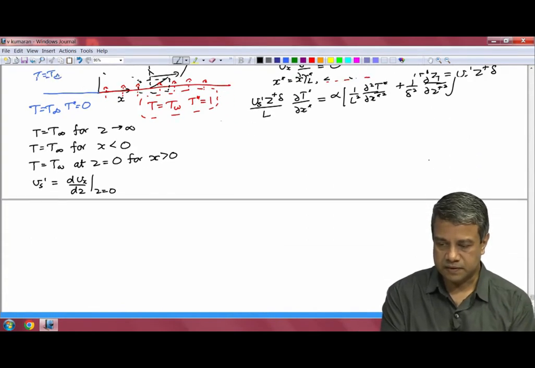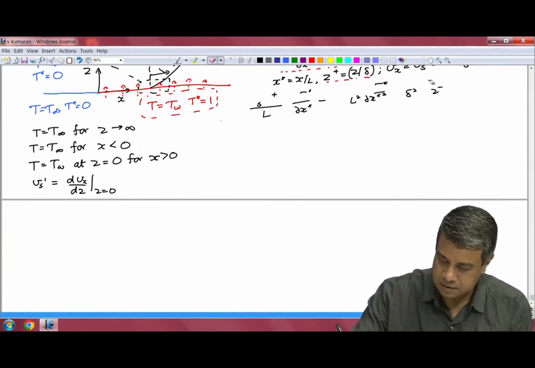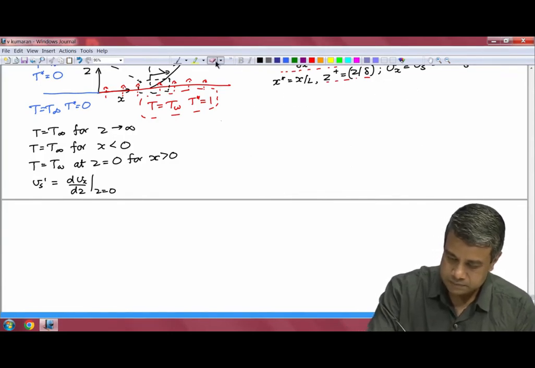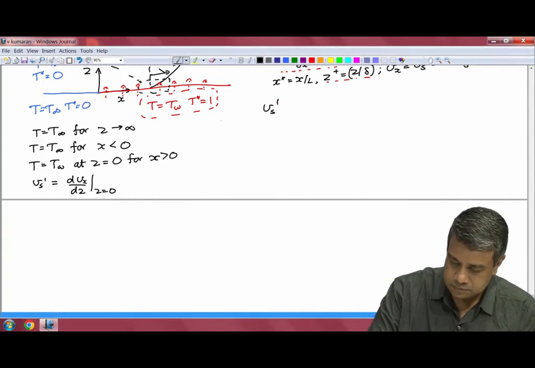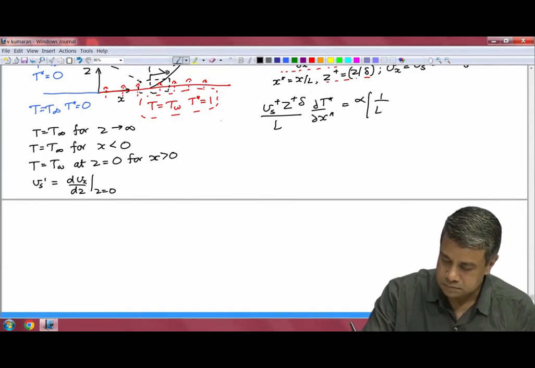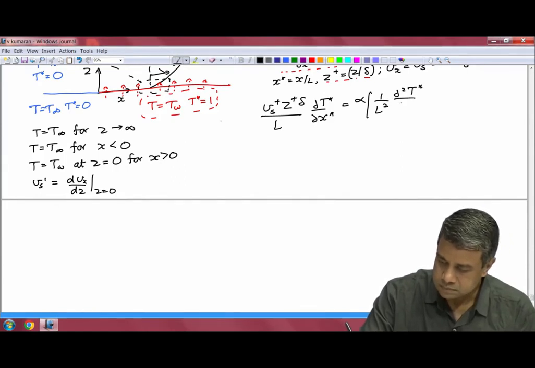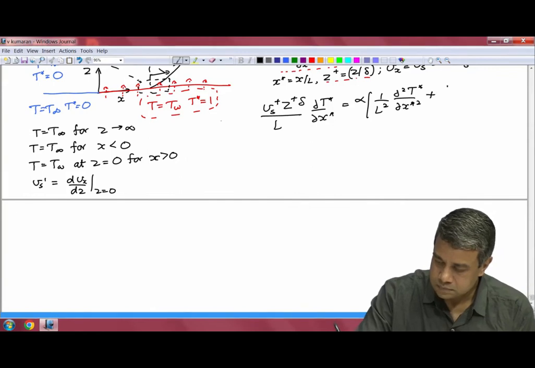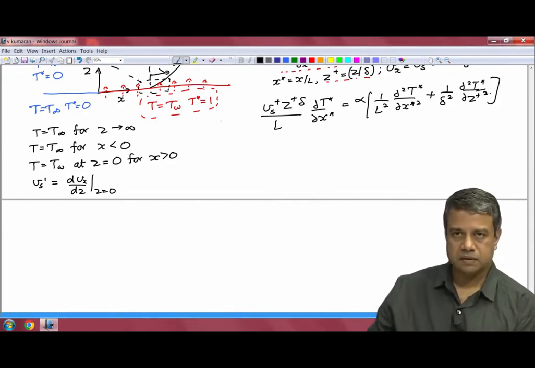Okay, so, that is the conservation equation.